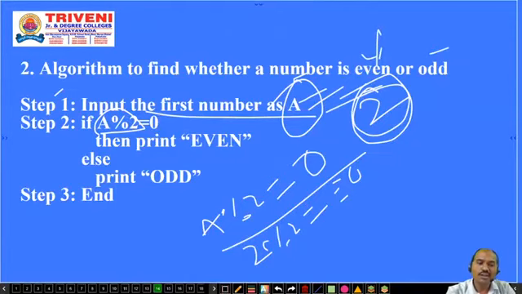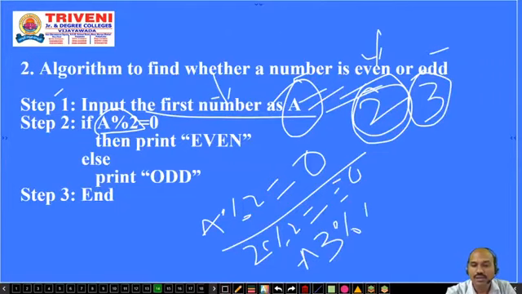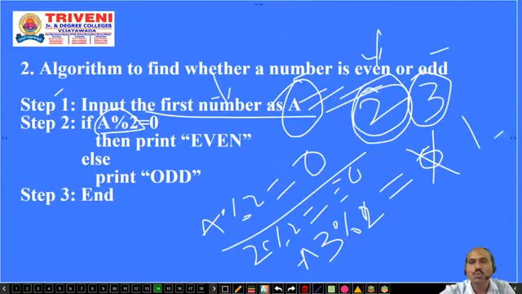If you take the number 3, then 3 modulus 2 is not 0. A remainder will be there. It is 1. That's why it is an odd number.